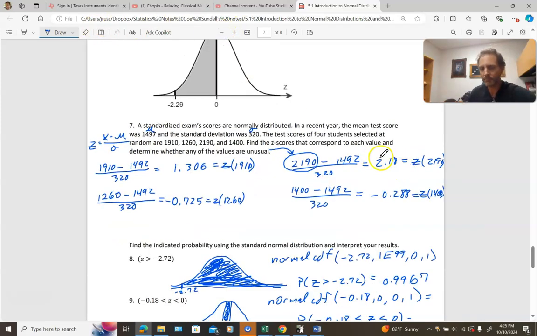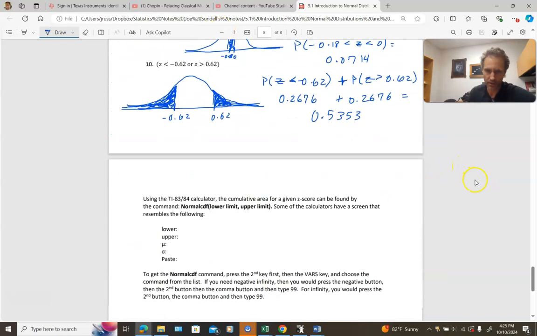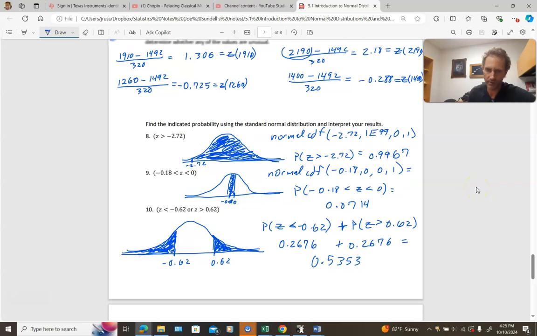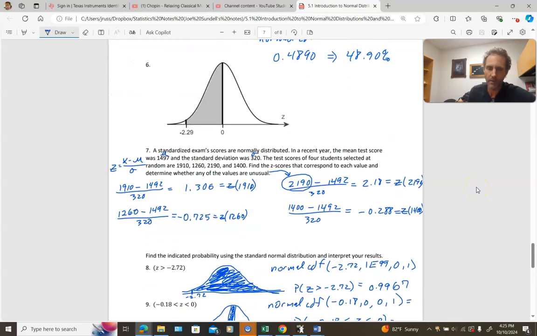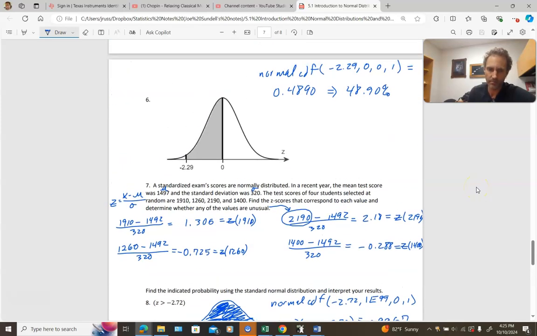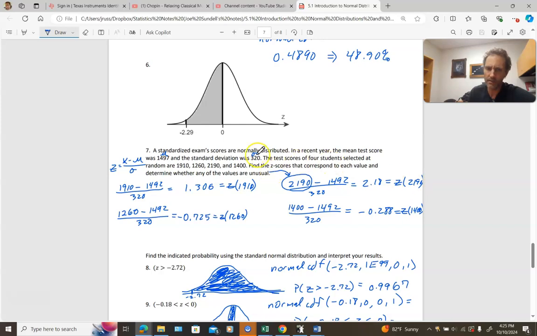But anyway, guys, a lot of this section is just calculating the area under the curve, okay? Which corresponds to the probability that z lies within that area. Now, in the context of this problem, you could say, what's the probability that somebody scores above a 2190?